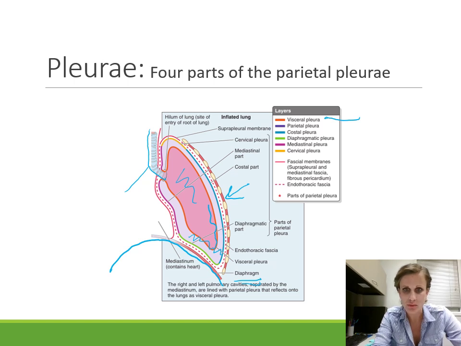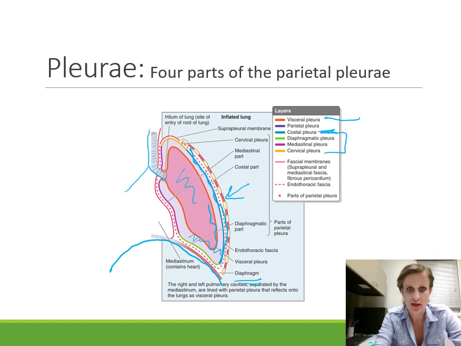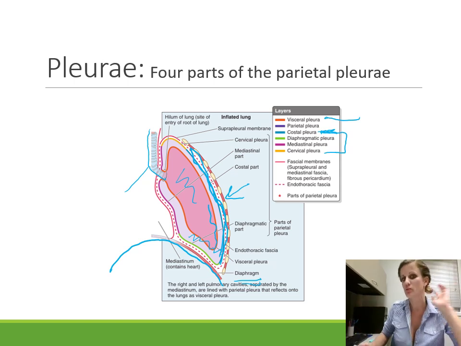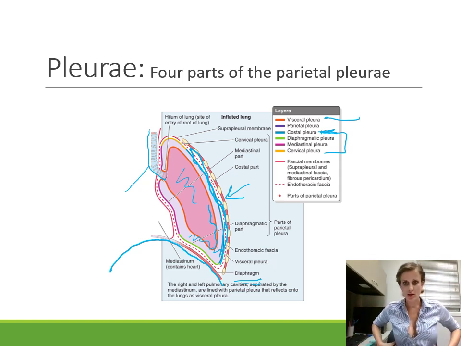And the parietal pleura is represented by all different colors because it's showing us the different regions of the parietal pleura. So the costal pleura is the region that's lateral here in light blue, and it goes around the back of the lung. And that's the portion, remember, that's lining the internal thoracic wall.